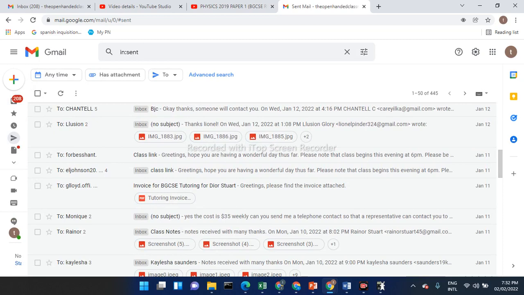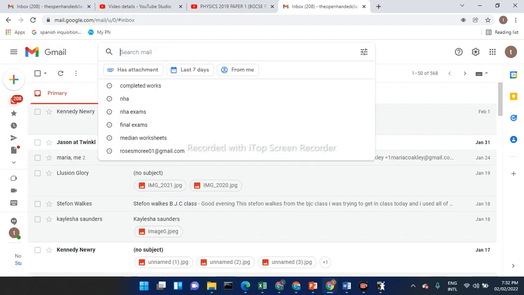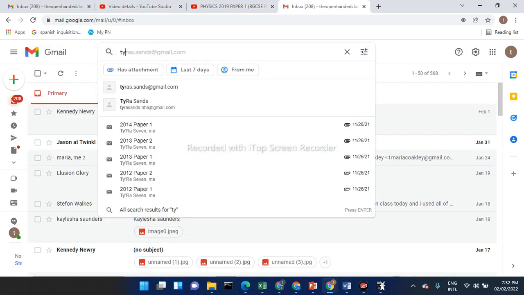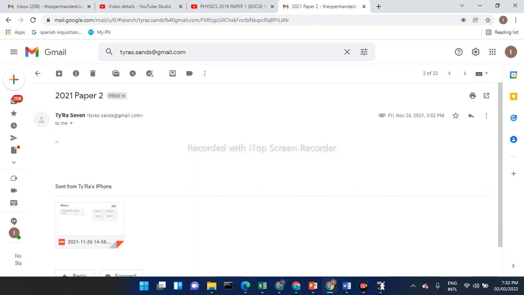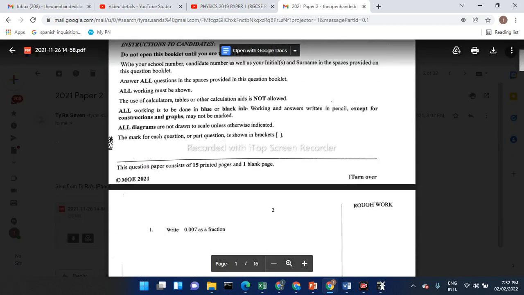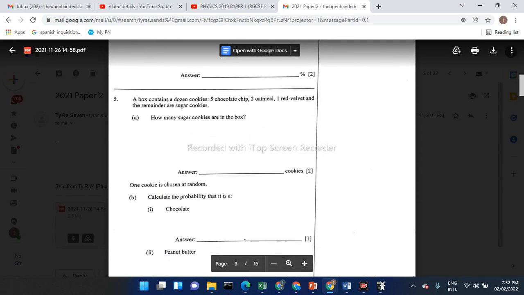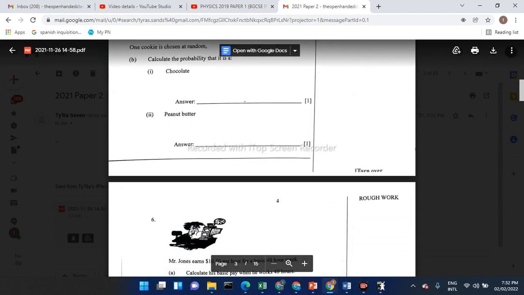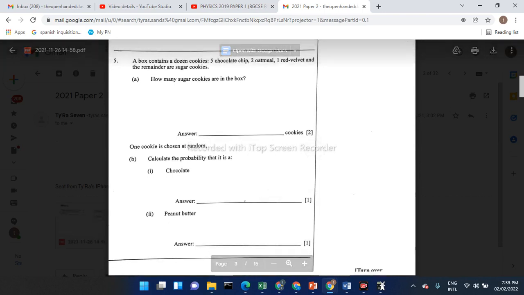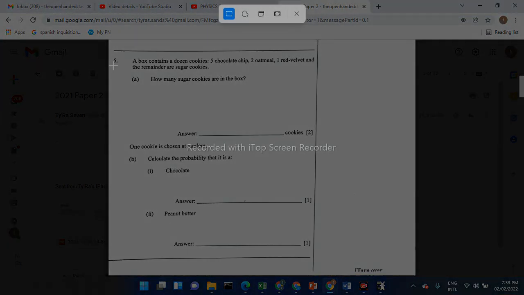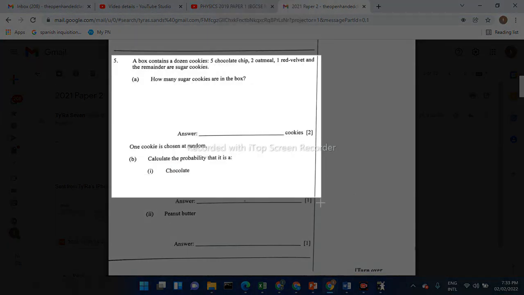I want to go on received from. Okay, good. So let's look at this paper 2. This is the paper 2 BJC exam, and let's look at question number 5. This is a good way to start off probability. Very simple, to the point stuff.